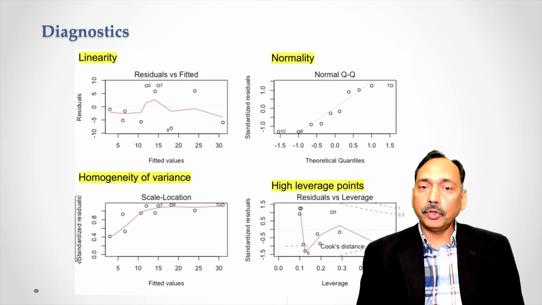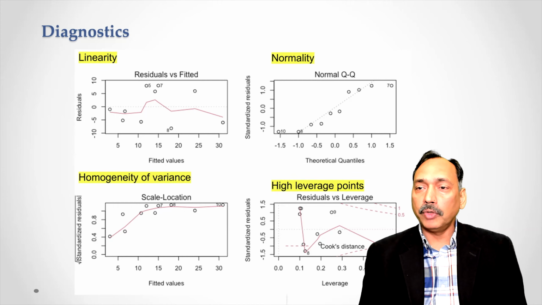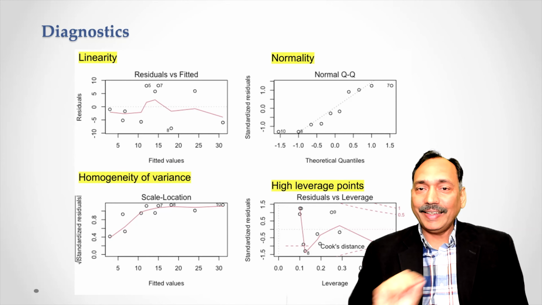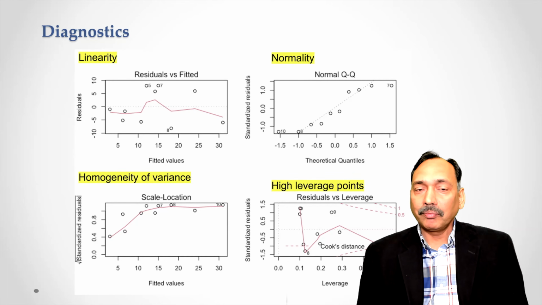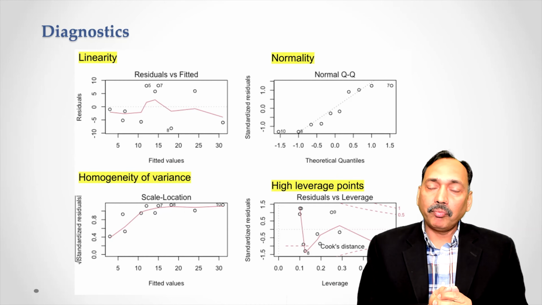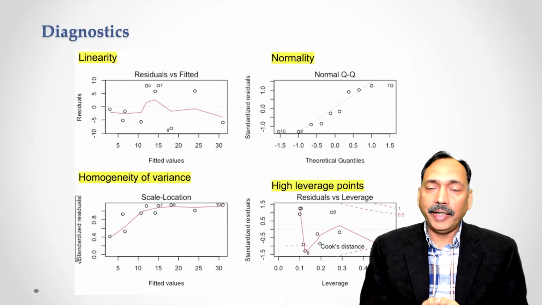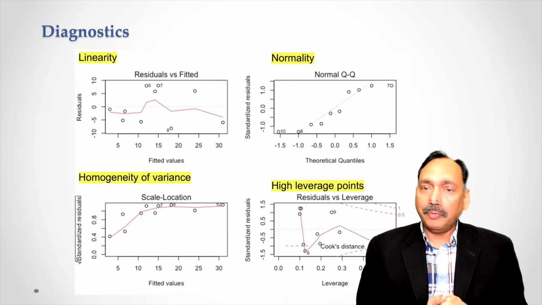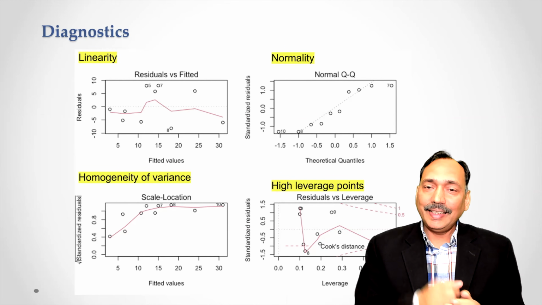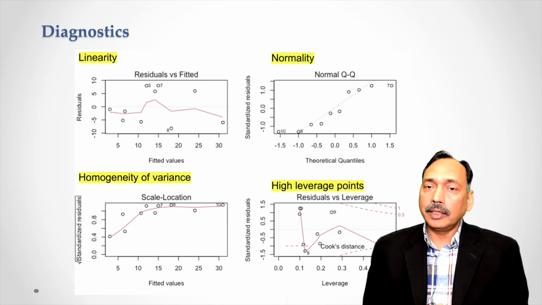So this QQ plot is very useful in those situations where your sample size is small. And the way it has been designed is the normal distribution has been transformed in a certain way, so that if data is coming from a normal distribution, they will plot in a straight line on this QQ plot.